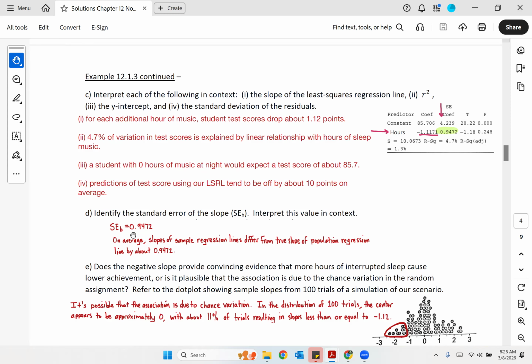If you took a population of every student ever and put them through this experiment, I suppose you could say there is a true population LSRL. But we don't have that. We have a sample LSRL. So how much different is our slope from the real one? That's what this number tries to measure. We're going to say on average, slopes of sample regression lines differ from the true slope of a population regression line by about 0.9472.